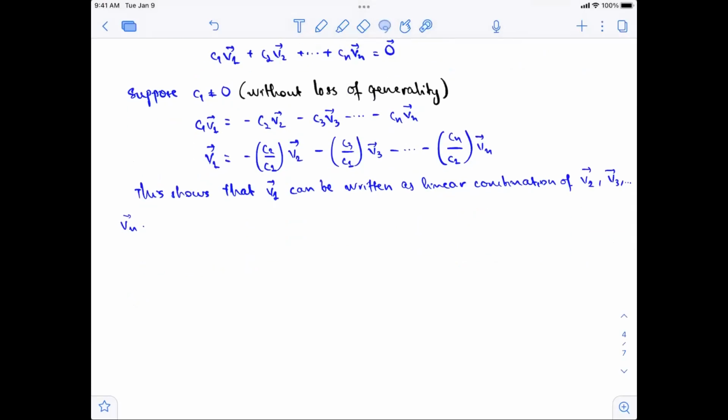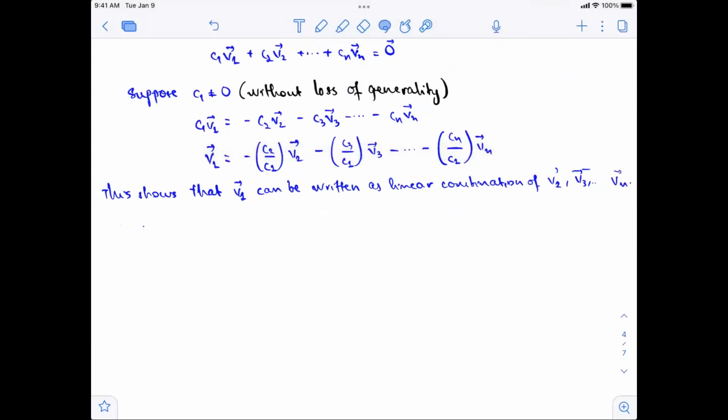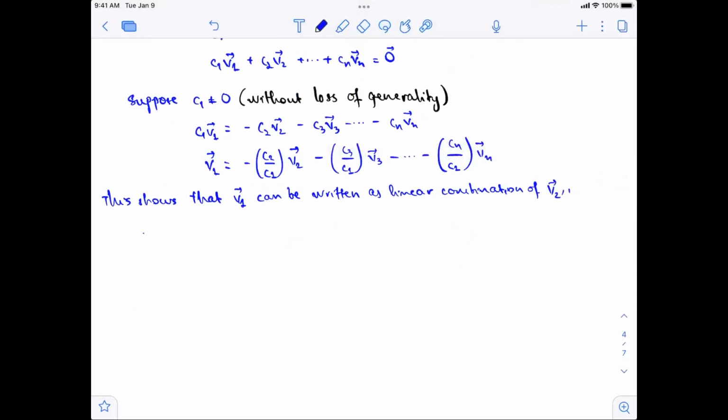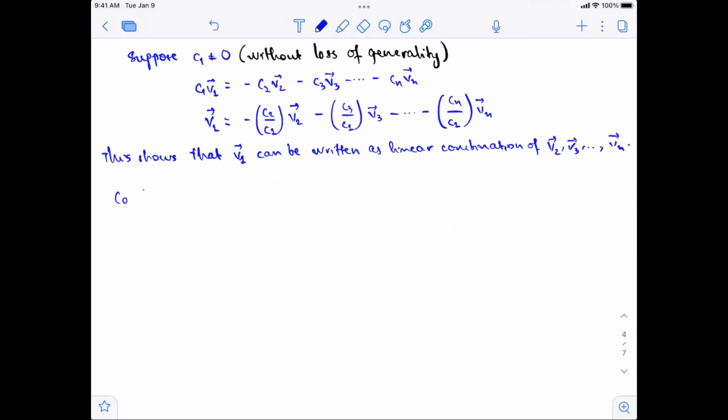So conversely, let me move things around here. So I can keep this up here: V2, V3 up to Vn. Okay. Now conversely, suppose V1 can be written as a linear combination of the other vectors.